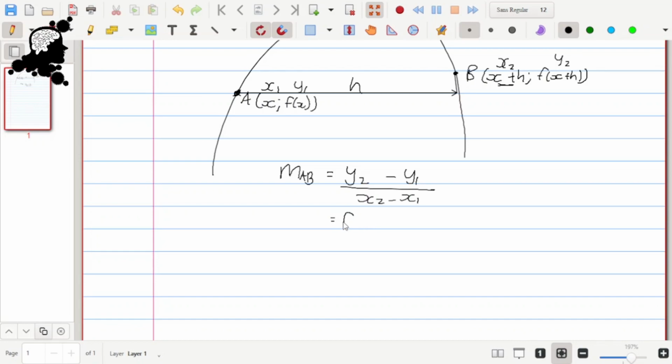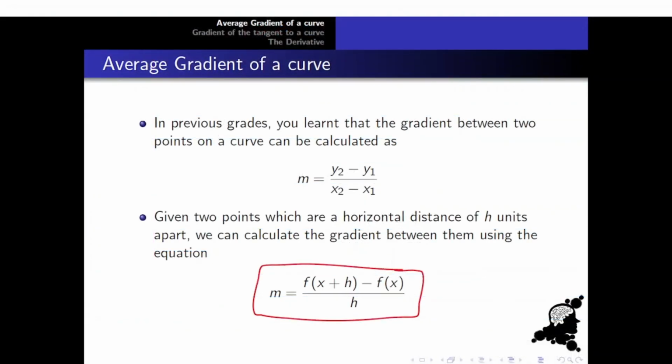For y2, this is going to be f of x plus h, minus y1, which is just f of x. And all of this is going to be divided by x2, that's x plus h, minus x1, which is just x. Now notice, we've got positive x and negative x. The x's will cancel out, and then you remain with the equation f of x plus h minus f of x, everything divided by h, which is exactly what we saw in the notes previously when we said that we could use this equation to calculate the gradient between 2 points.